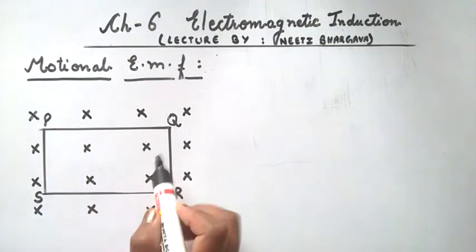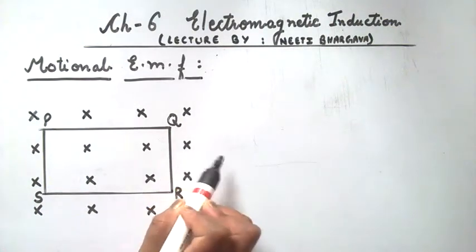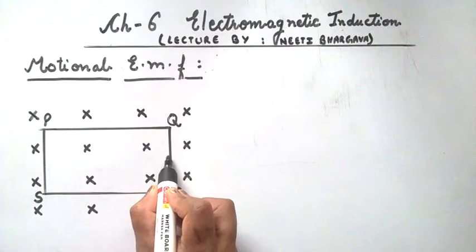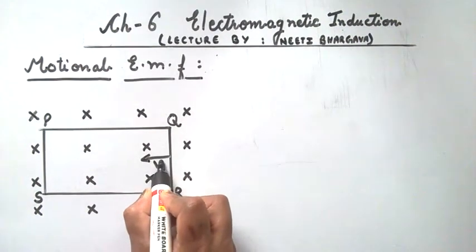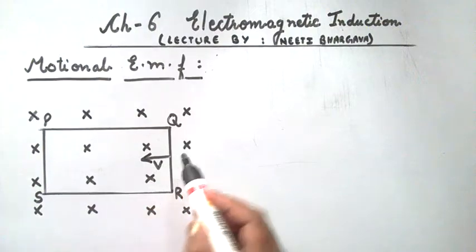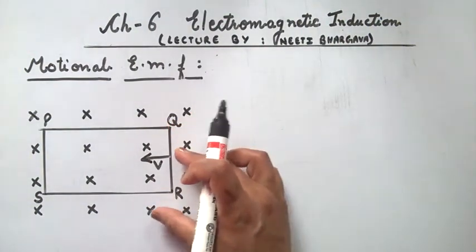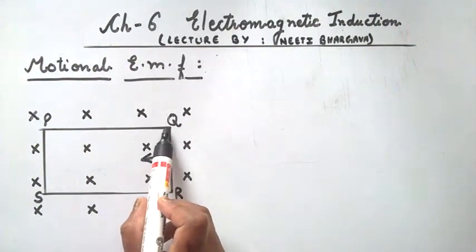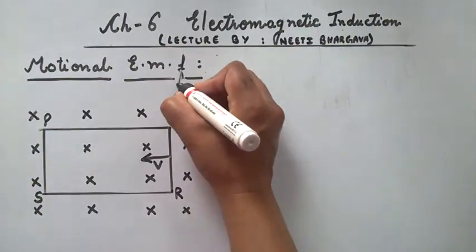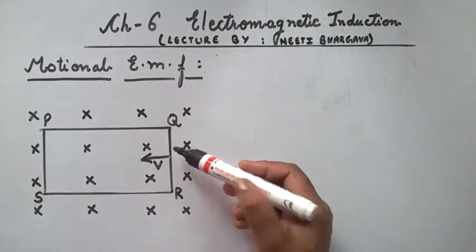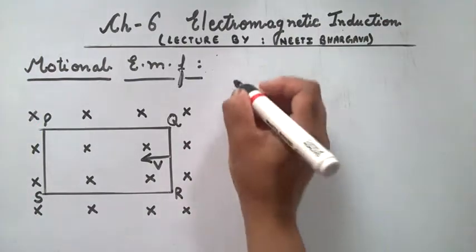This arm is movable and it is free to move towards left side or right side. Let us consider it is moving towards left side with velocity v, and it has its resistance capital R, and here we are assuming that the resistance of the remaining arms are negligible. Thus the total resistance of the whole loop is capital R.